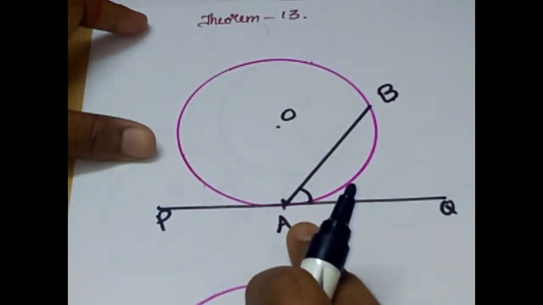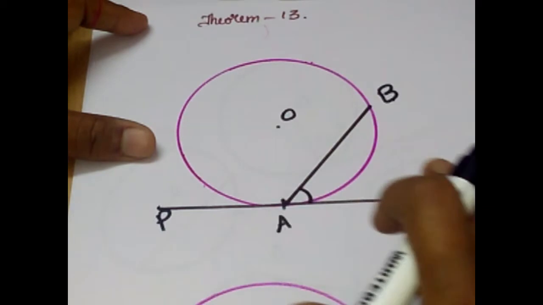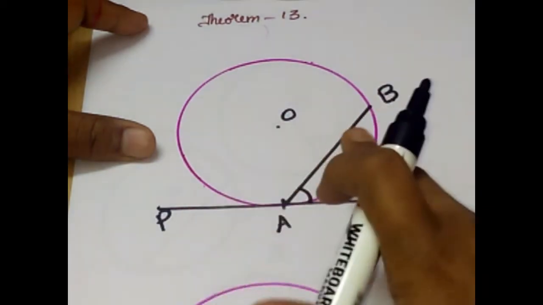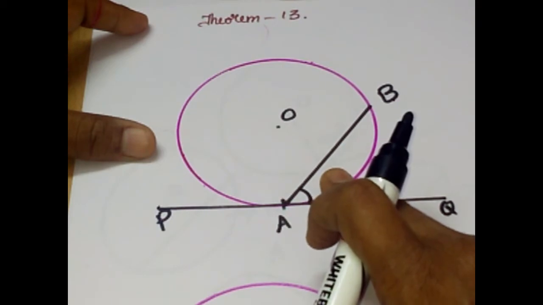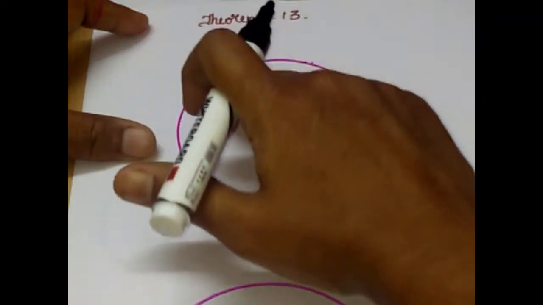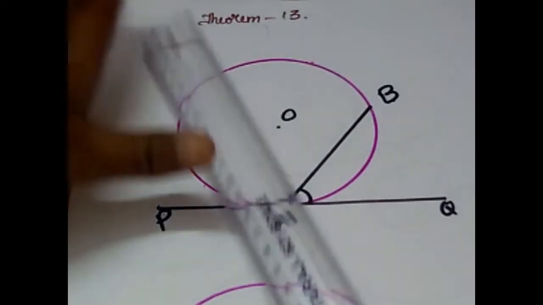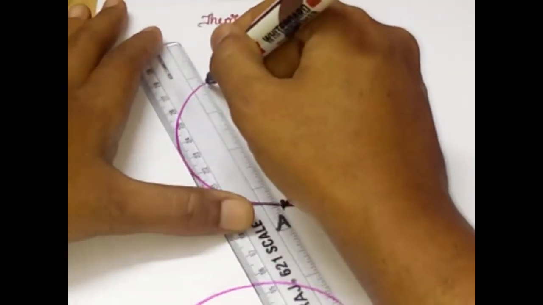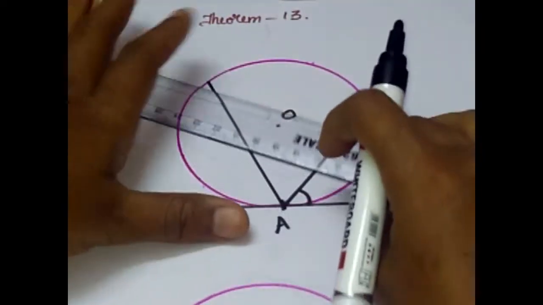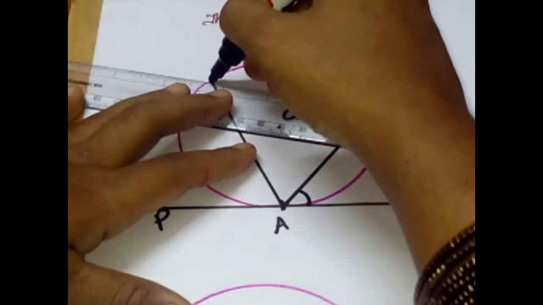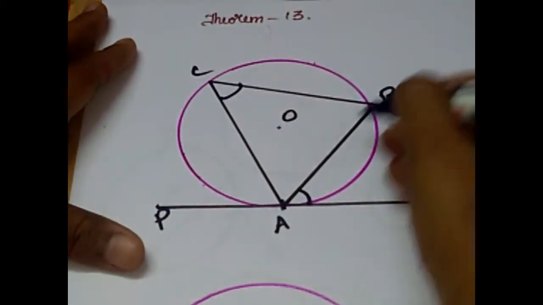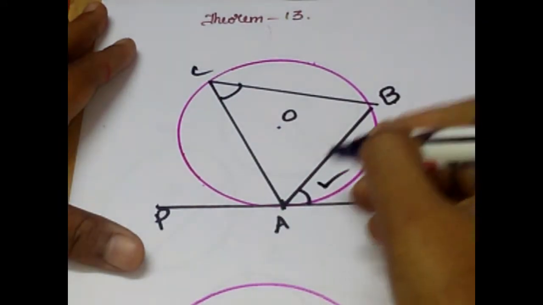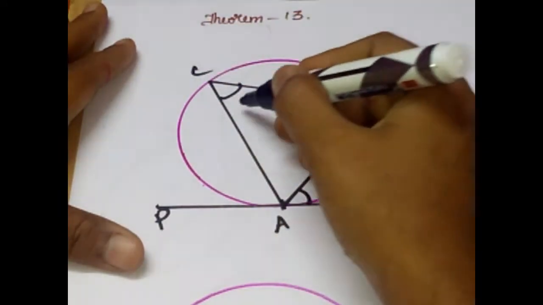So the angle between the chord and the tangent at the point of intersection is in the minor segment. This angle is equal to the other angle, which is in the other segment. Let me draw the angle ACB. So angle BAQ is equal to angle BAC.